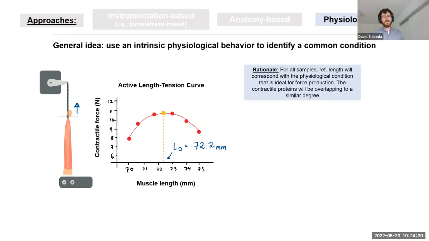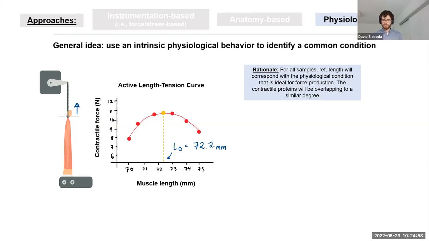The deeper rationale behind this is that for all samples, the reference length that we define will correspond with the physiological condition that is ideal for force production. So the contractile proteins will all be overlapping to a similar degree.